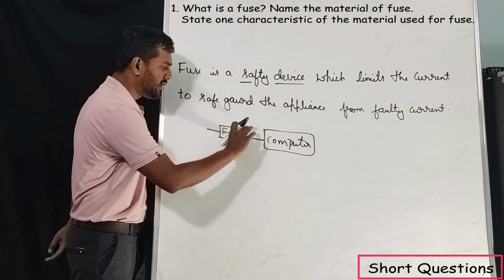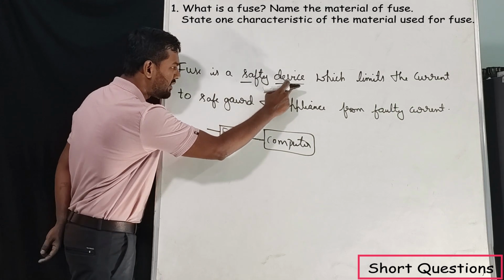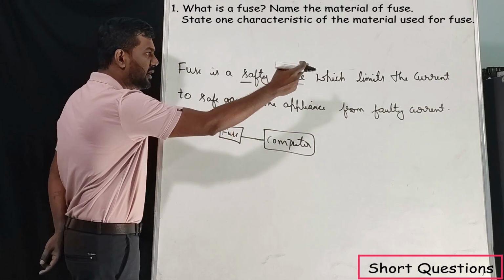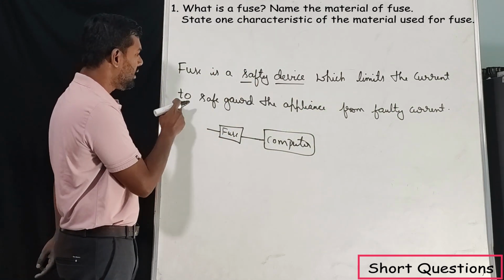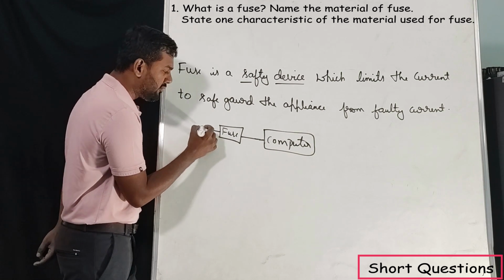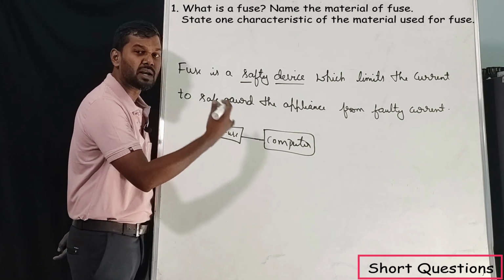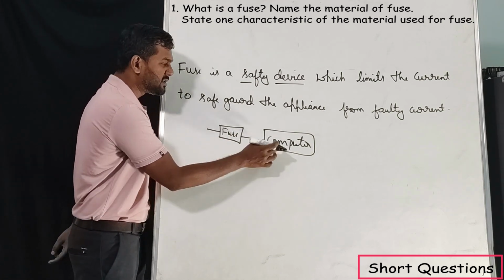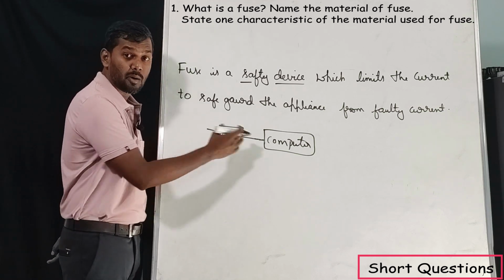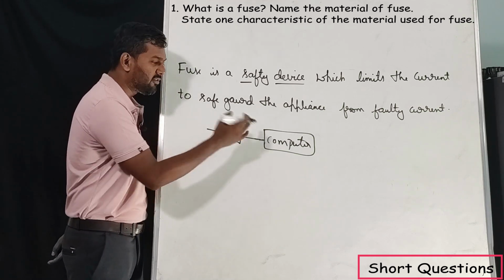So what I'll do is I'll insert a fuse. Fuse is a safety device which is used to limit the current. Whenever the faulty current comes more than the rated current, assume 5 amperes is the capacity for this computer, more than 5 amperes will definitely damage it.